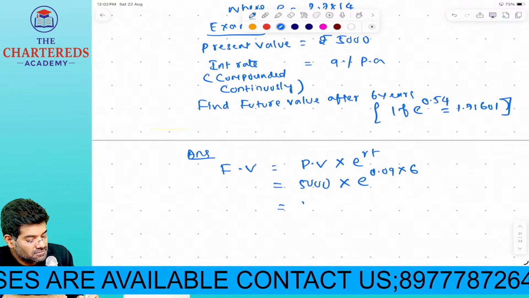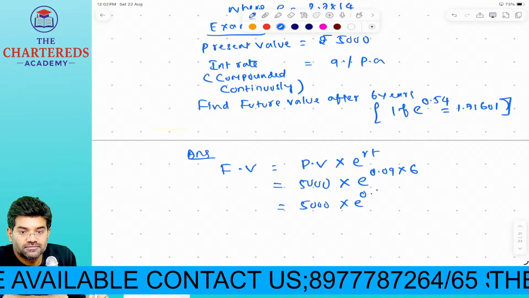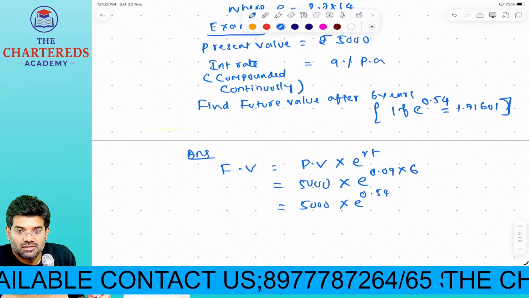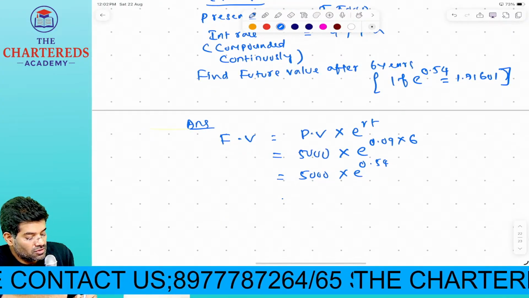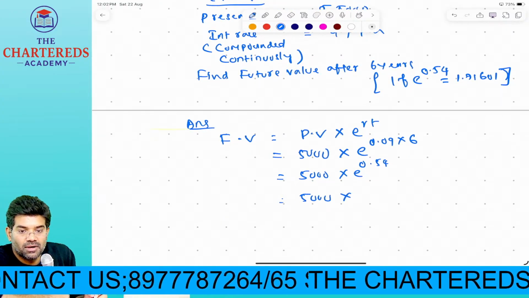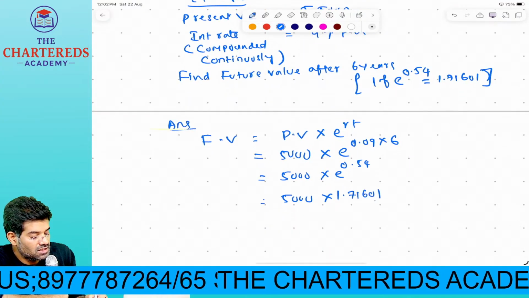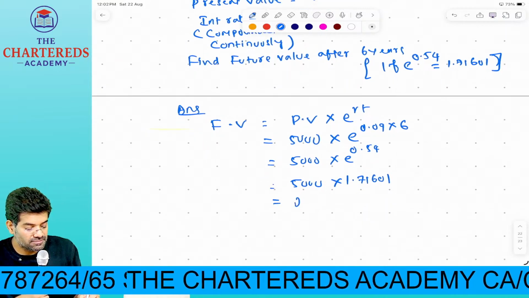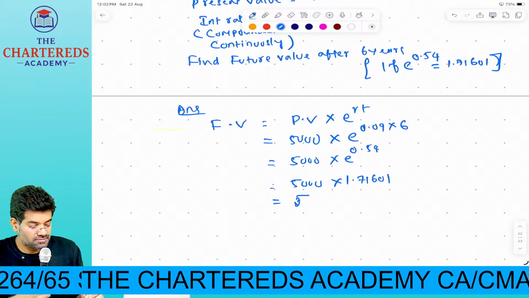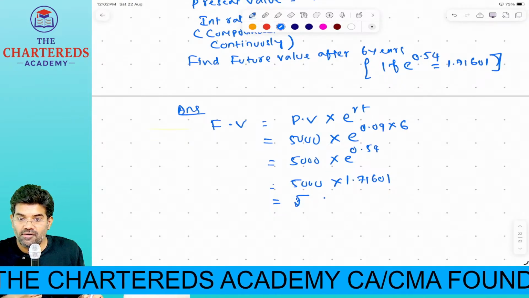Multiply now. 5,000 into e power 0.54, so that is the reason he gave the e power 0.54 value. So now easily you can substitute. e power 0.54 means 1.71601. So what is the future value? 9,000. Huh?